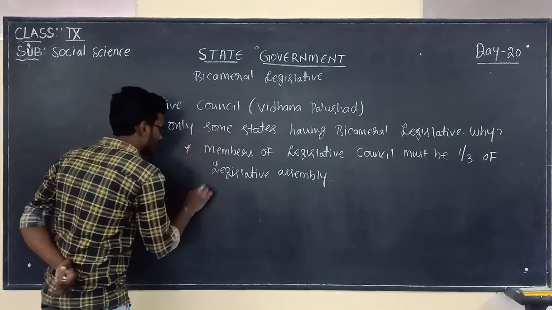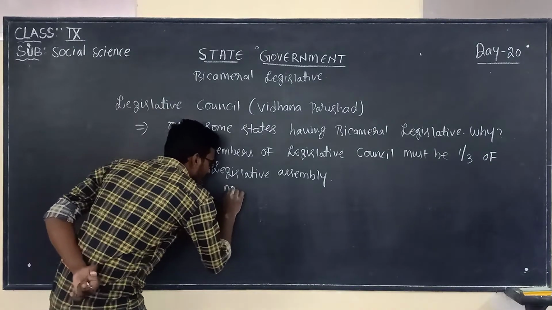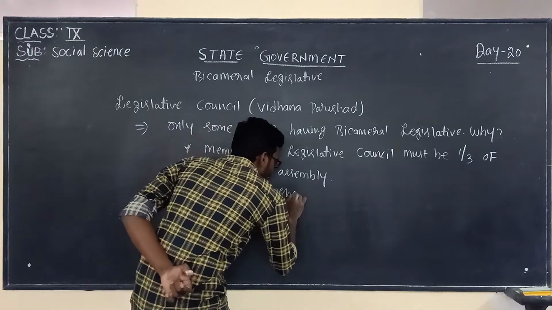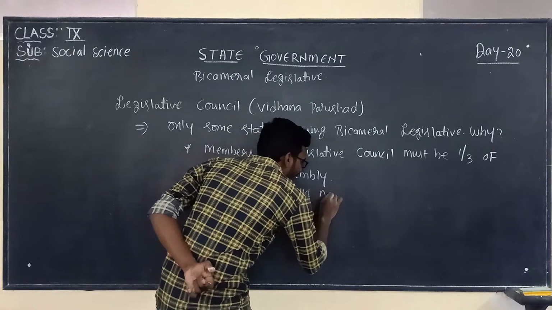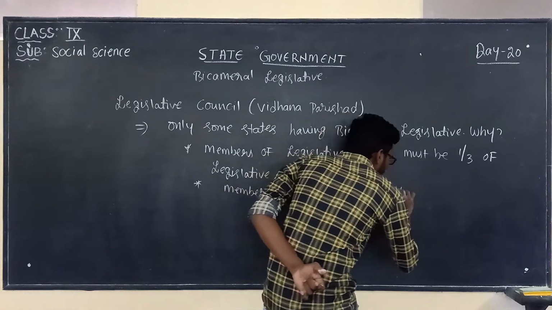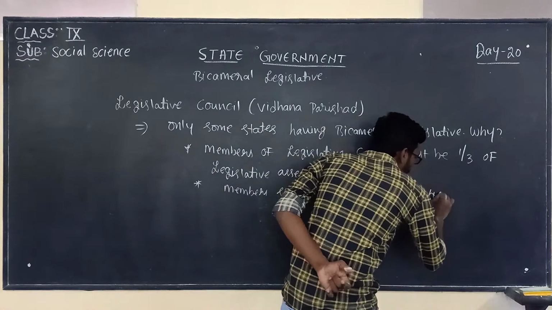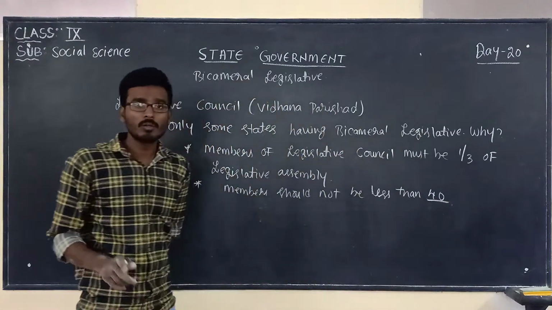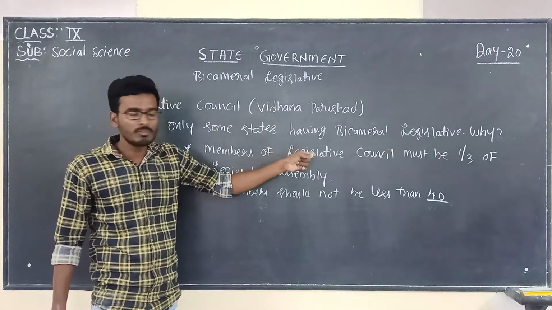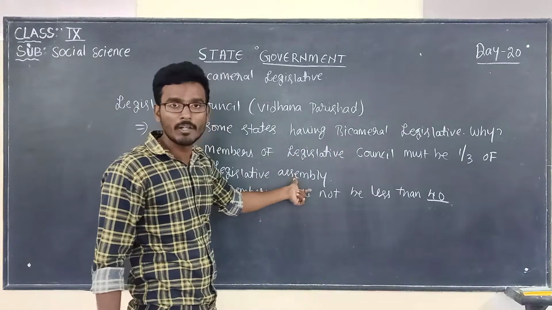And one more condition: the members should not be less than 40. These are the two conditions that must be met. First, the members of the Legislative Council must be 1/3 of the Legislative Assembly.